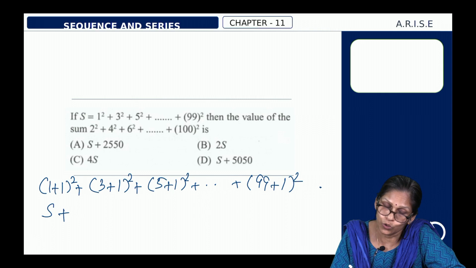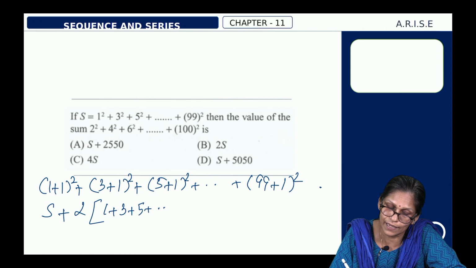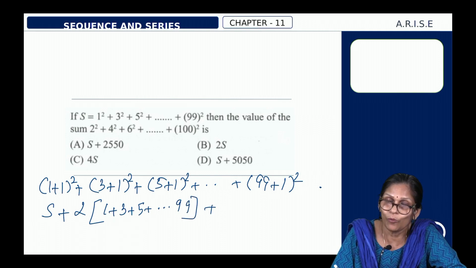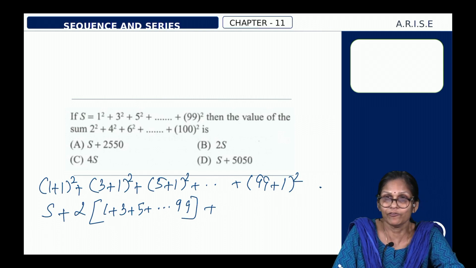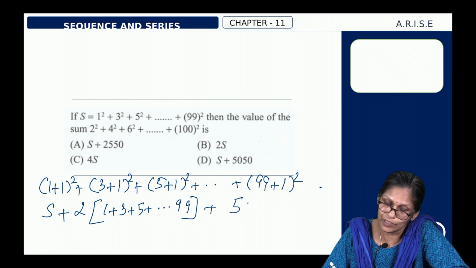So, 2 into 1 plus 2 into 3 plus 2 into 5 plus etc. 2 into 99. So, take a 2 out to get 1 plus 3 plus 5 plus etc. plus 99. Now, the 1 squareds, how many 1 squareds are there? Aren't there 50 terms? All those 50 ones will add up to 50.